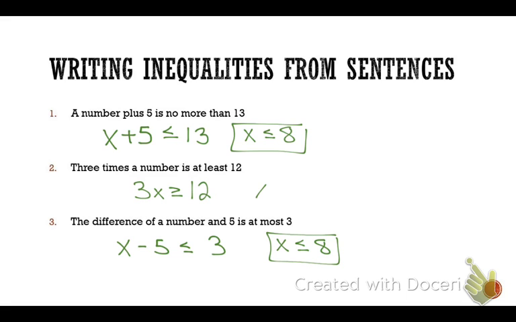And then, like Trey just said, 3x is greater than or equal to 12. I tried to put the wording on there that's maybe a little bit more encrypted. It doesn't just say greater than or less than. You have to know what those phrases mean. All right, you guys did a good job on that. Let's do the next ones.